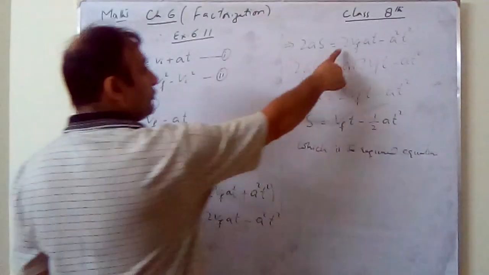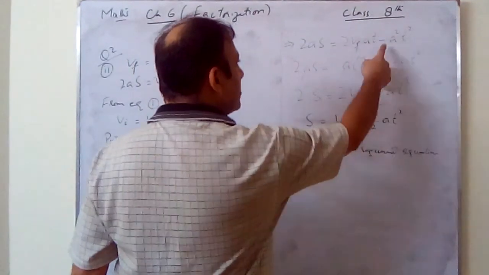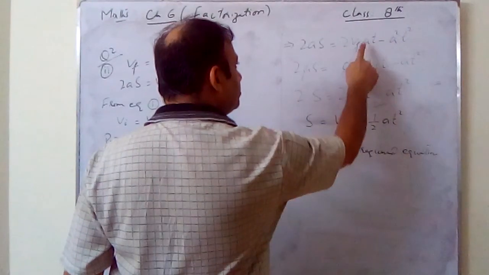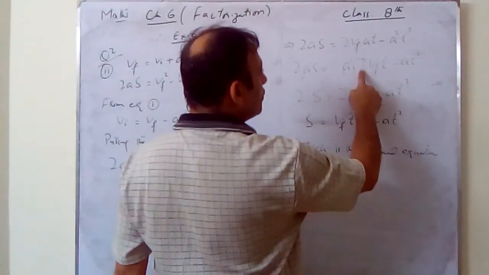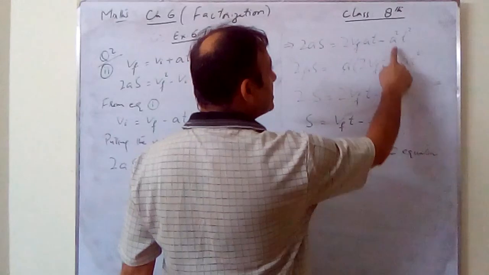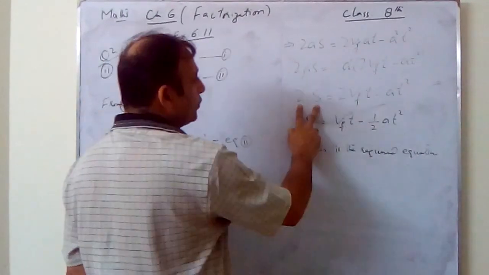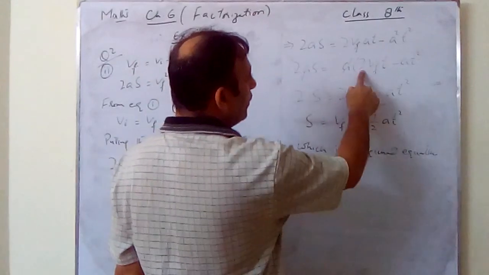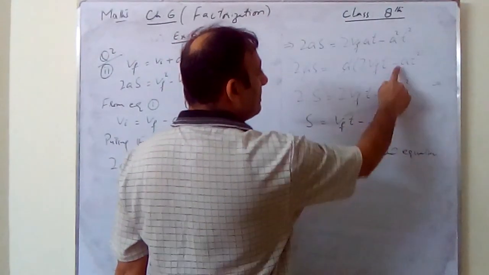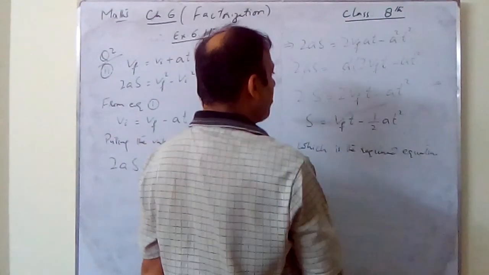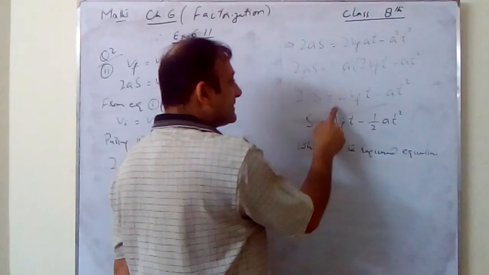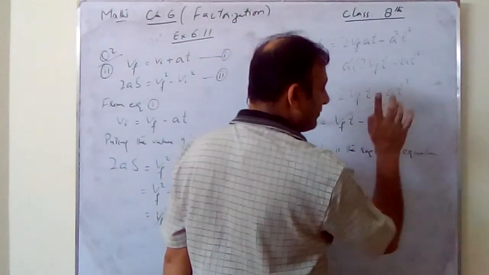So 2Vf At minus A square T square. A is common, so we have taken. So left is 2Vf T minus At square. A and A cancel. 2S is equal to 2Vf T minus At square. Dividing by 2, minus half of At square.